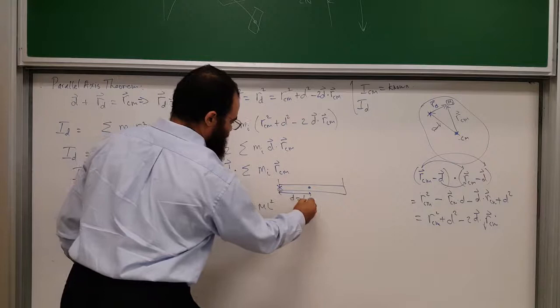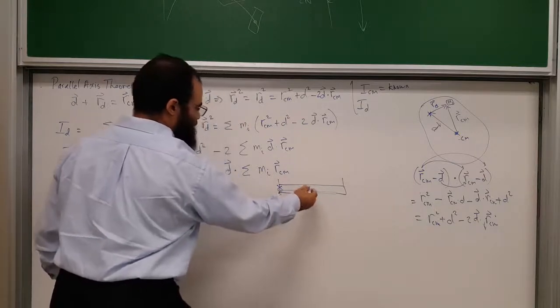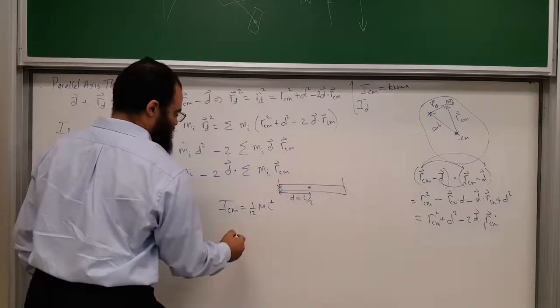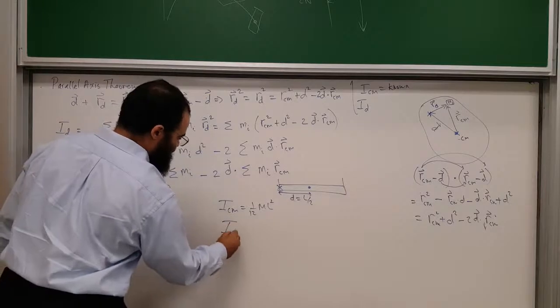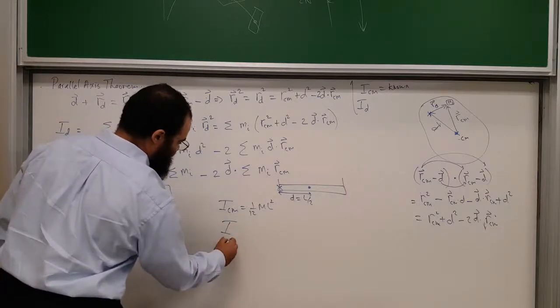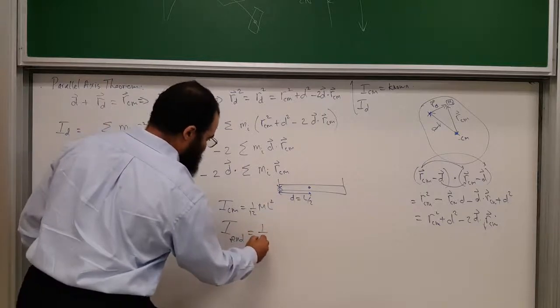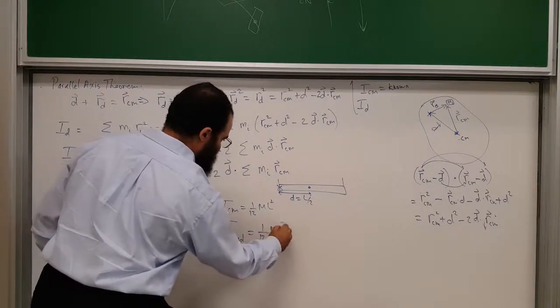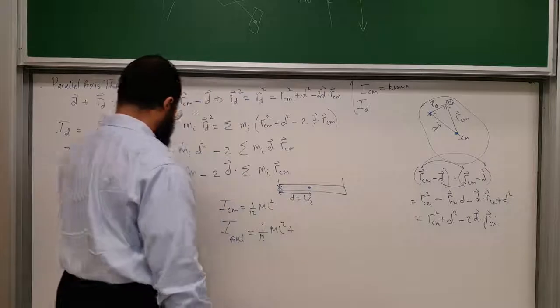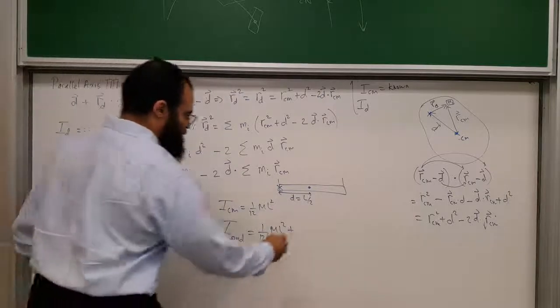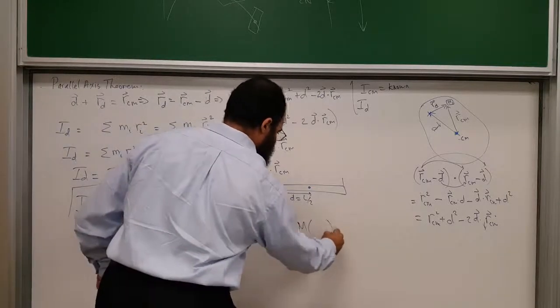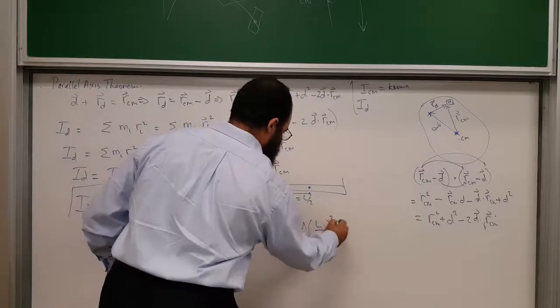Well, d is L over 2 in this case. So the moment of inertia about the end of this rod will be I center of mass, which is 1/12 ml squared, plus m times d squared. But d is L over 2, so you have to square it.